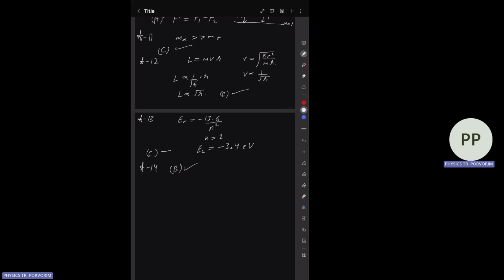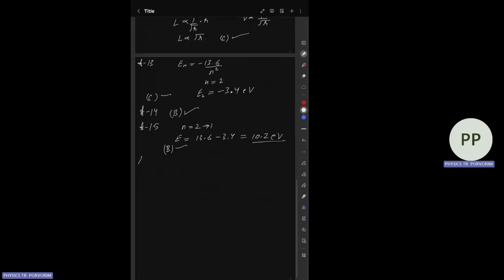So the energy of the photon will be 10.2. Now, for the 15th question, the correct option is B.